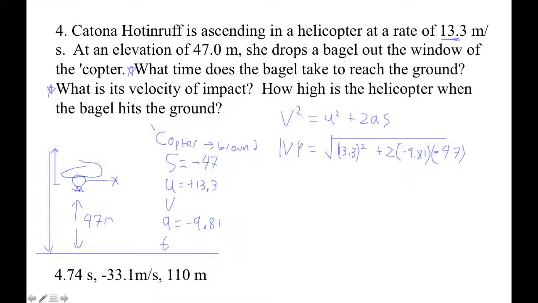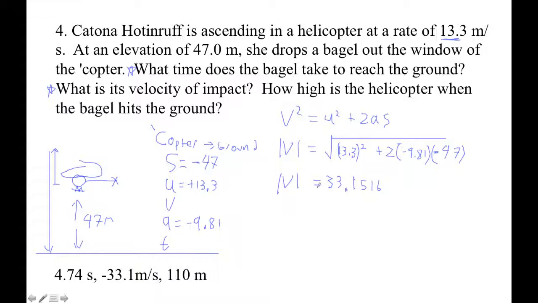Okay, here we go. I've got an answer. We know that the absolute value of the velocity is 33.1516. By the way, I'm going to store that in my variable v, so I don't have to write it down with all that much precision.